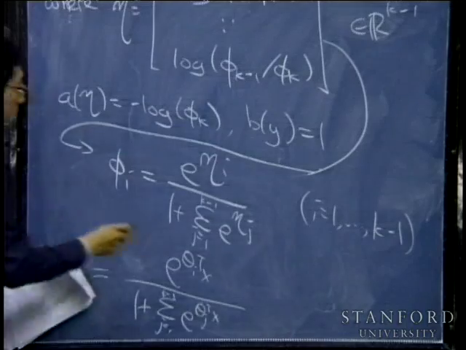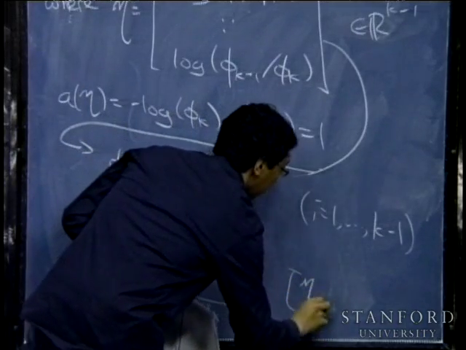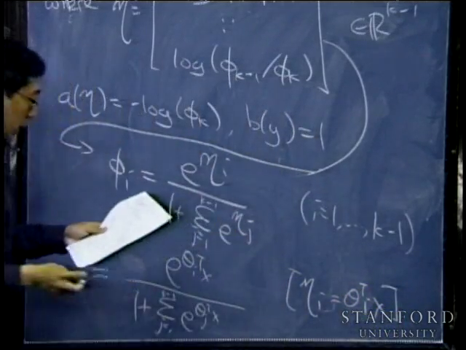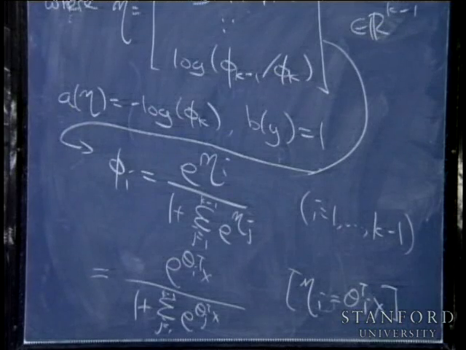This is just using the fact that eta_i equals theta_i transpose x, which was one of our earlier design choices for generalized linear models.